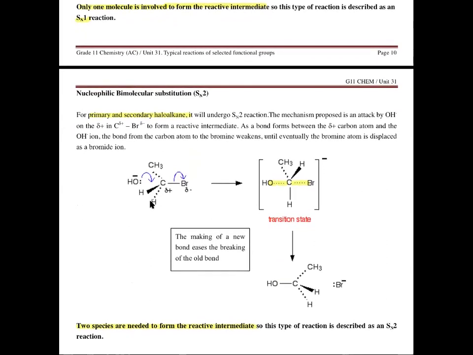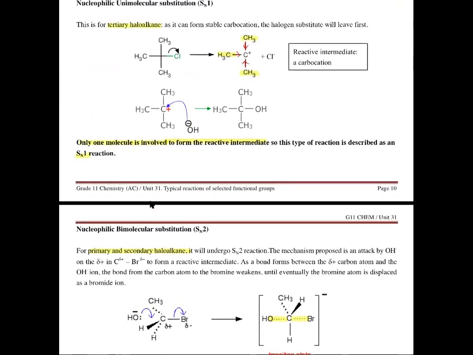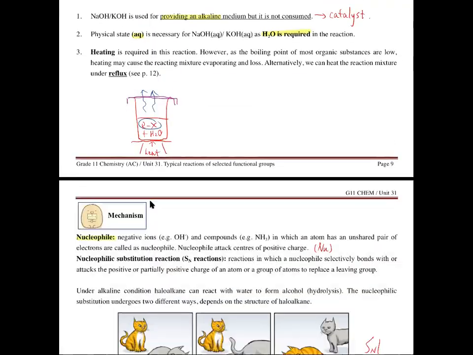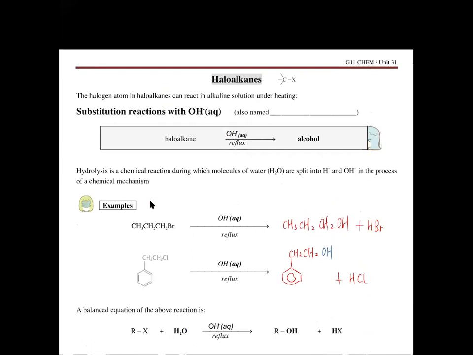Because we have a catalyst to push this reaction, we want to form the alcohol by doing this reaction. Why do we need to talk about it? Because this reaction is one of the ways to produce alcohol.